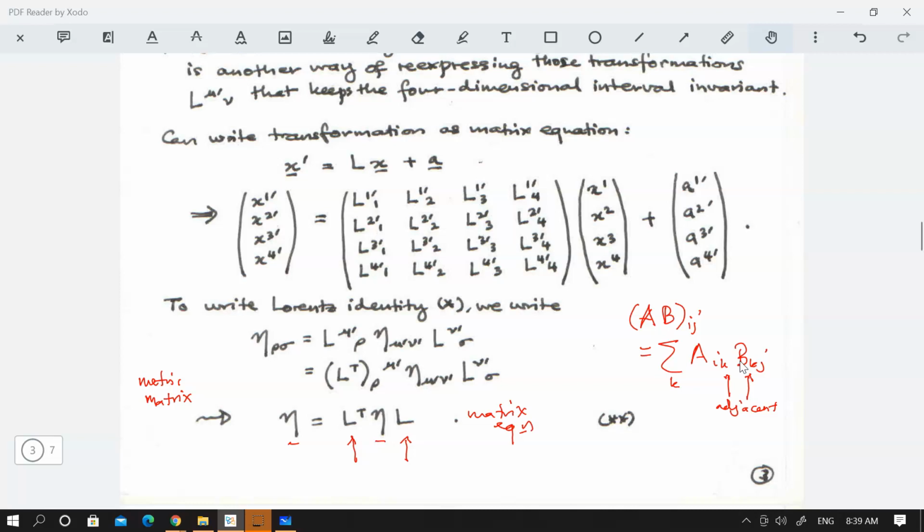In other words, there will be only certain kinds of 4x4 matrices that can obey this.